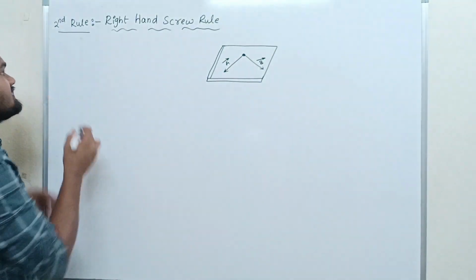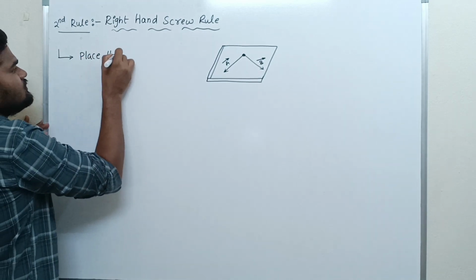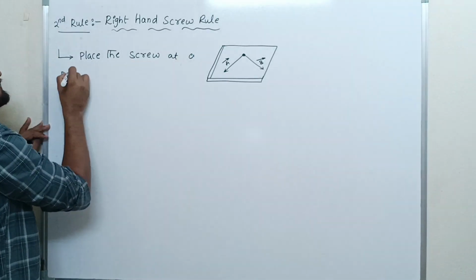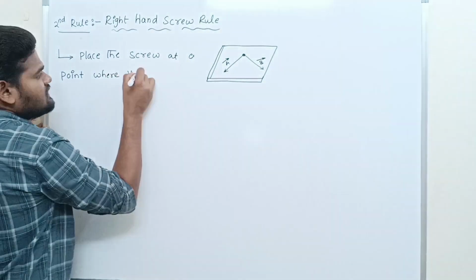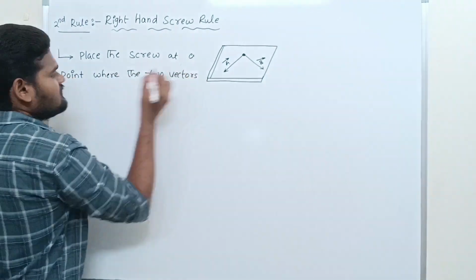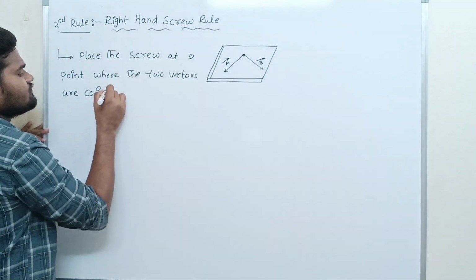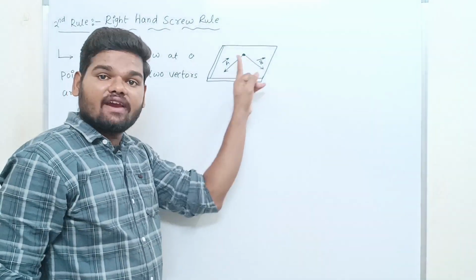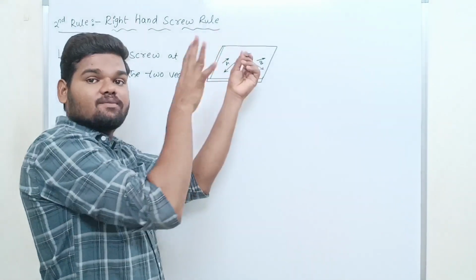Have a look. Place the screw at the point where the two vectors coincide. At this point, the two vectors coincide. What we have to do is place the screw at this point.